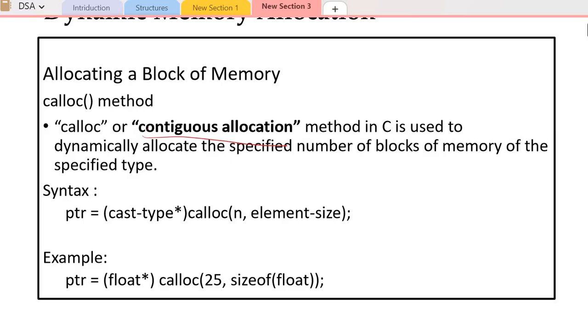The difference between malloc and calloc is that calloc initializes everything to 0. In malloc, when you declare it, it automatically stores some garbage values, whereas calloc initializes to 0, so it won't have garbage values. Also, malloc allocates only one block, whereas calloc allocates multiple blocks. That's the main difference between malloc and calloc.